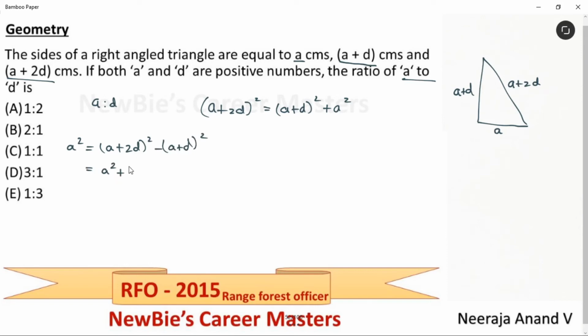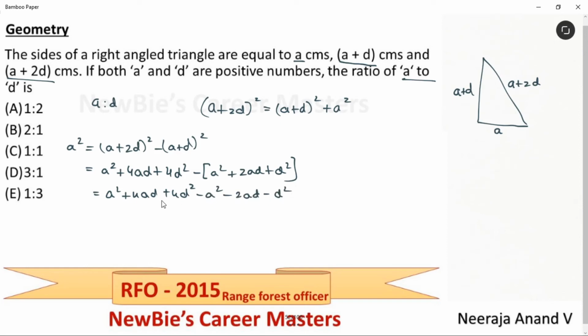A square plus 4AD plus 4D square minus of A square plus 2AD plus D square. Okay. A square plus 4AD plus 4D square minus A square minus 2AD minus D square. Okay, let's cancel these two.